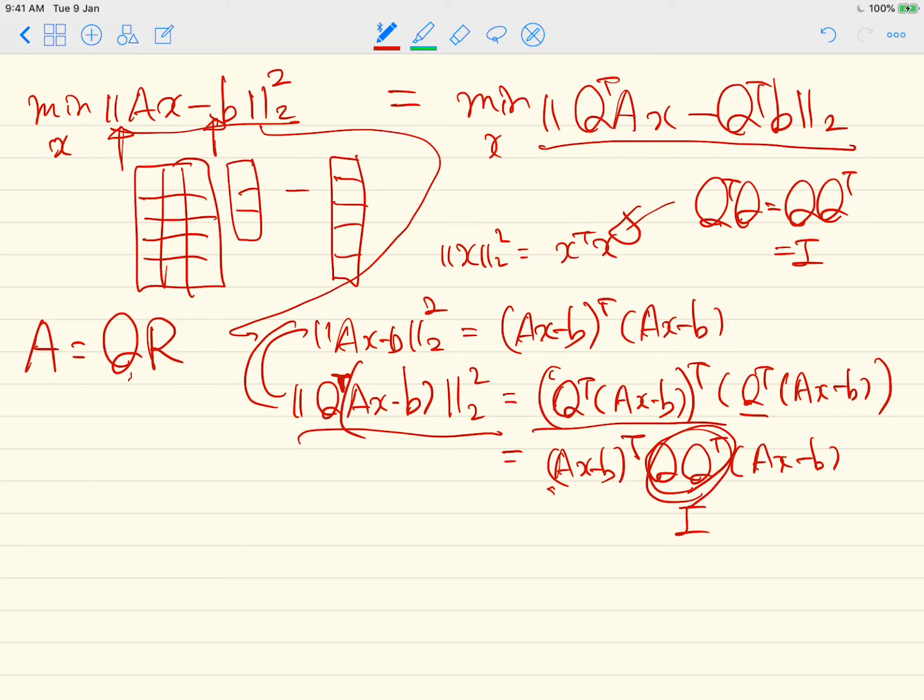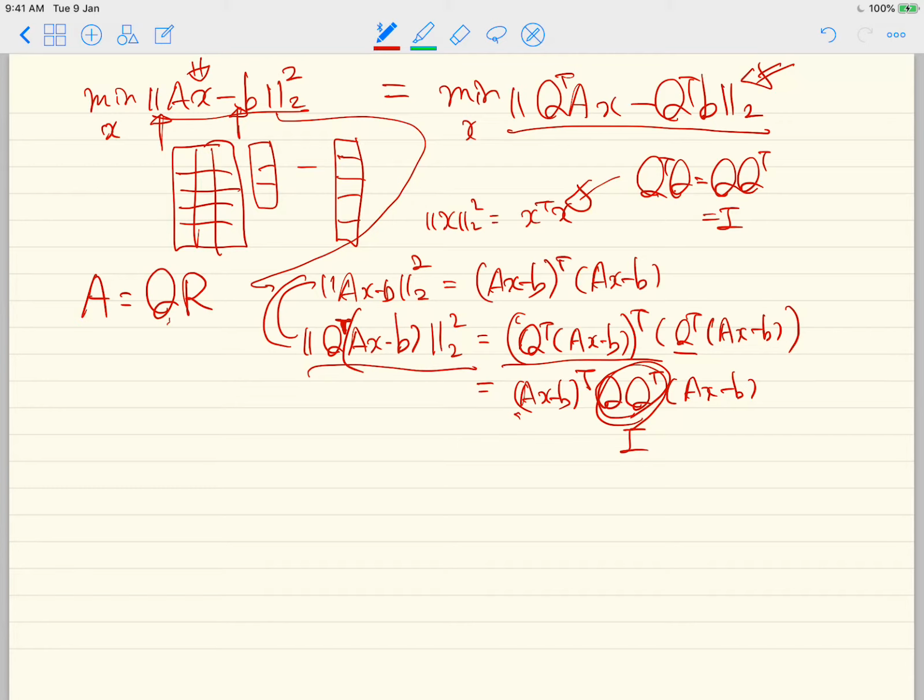Okay, and also this is always true regardless of any vector x, right? So in that sense, it is an identity, a 항등식. So it is true regardless of any vector x, right? So the vector x that minimizes this guy will actually minimize this guy because those two are exactly equivalent.